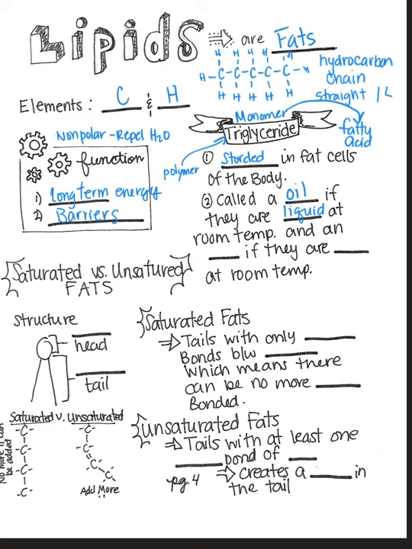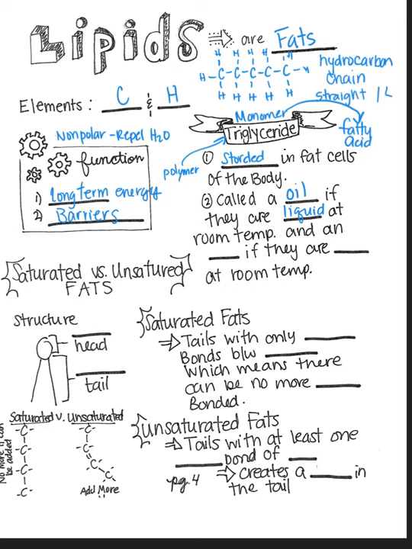If a fat is liquid at room temperature, then it's known as an oil. So like vegetable oil, or sunflower oil, or canola oil, or avocado oil, or truffle oil, or corn oil, whatever type of oil you go after. All of those are called oils because they're liquid at room temperature.